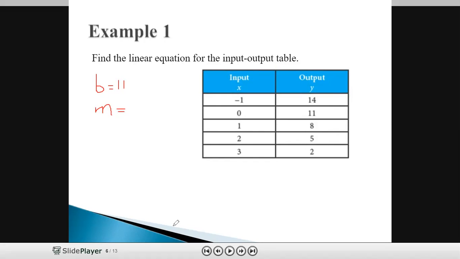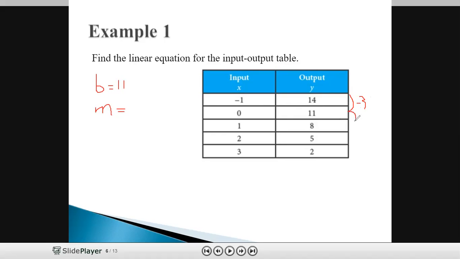It was 14, it becomes 11, right? What happened here? What is the difference between those two? It decreased 3. Thank you. It decreased 3, which means it's how many? Negative 3. Thank you.